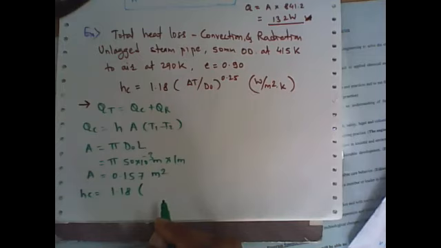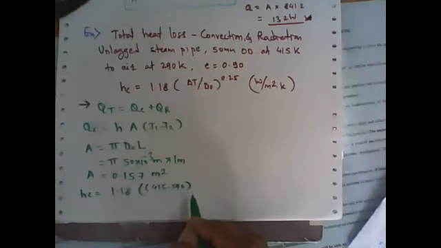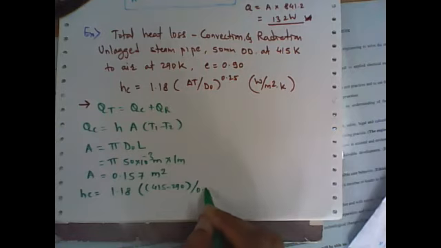Delta T is 415 minus 290, which is 125, and the outside diameter is 50 into 10 raised to minus 3, that is 0.05 meter.